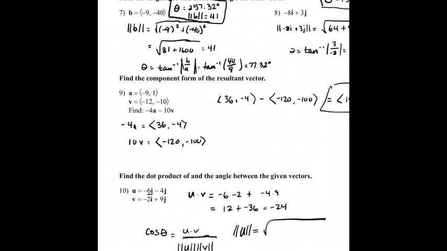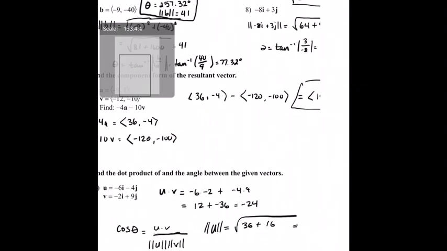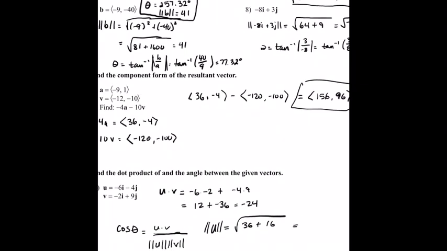So I'm going to go ahead and find the magnitude of u. That's going to be the Pythagorean theorem. It's just the square root of negative 6 squared plus 4 squared. So negative 6 squared is 36, and then negative 4 squared is 16. 36 plus 16 is 52. Now the magnitude of v is the square root of negative 2 squared plus 9 squared.